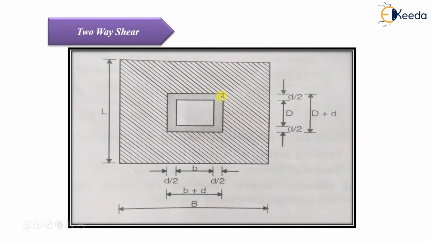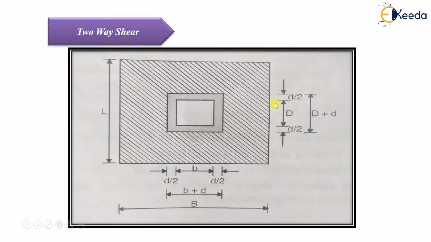And how will we calculate the area at d by 2 distance? We know it is L into B, but in this case it is b plus d by 2 plus d by 2. So d by 2 plus d by 2 is d, and we can say b plus small d.